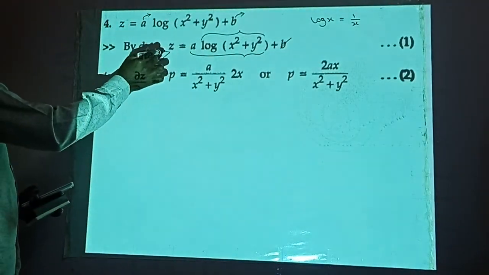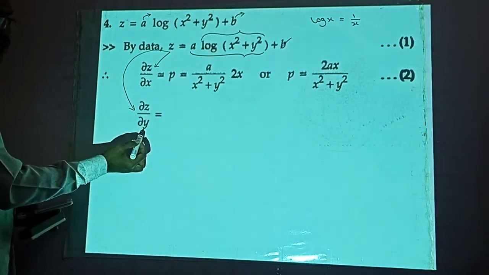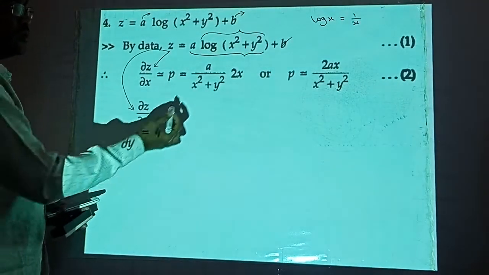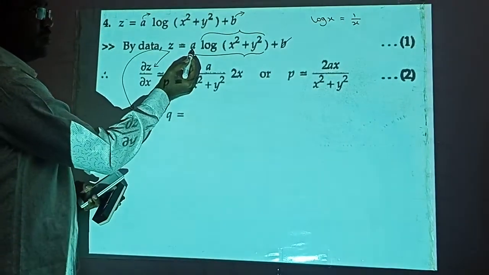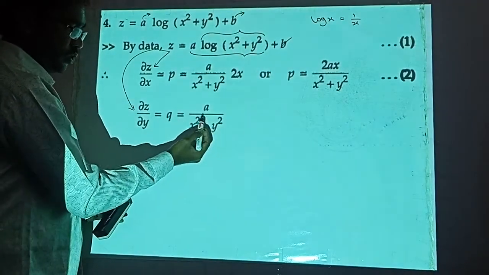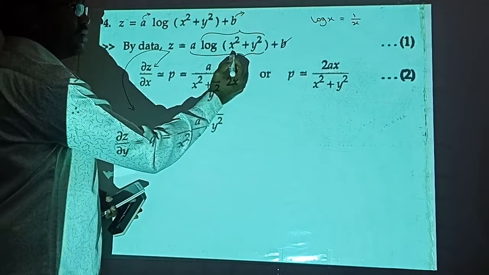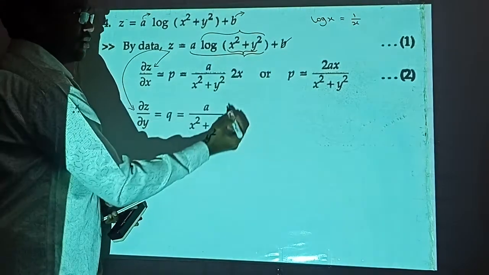Now let us go and differentiate partially with respect to y. Dou z by dou y, that is q. Now if you differentiate this with respect to y, what you get? Same thing, a divided by x square plus y square into differentiation of this with respect to y. What you get?